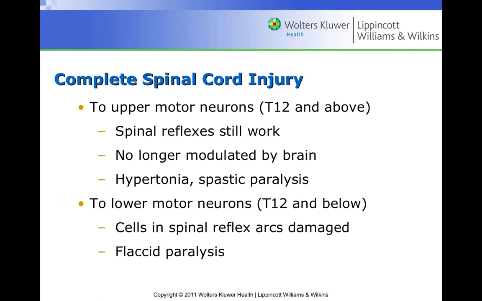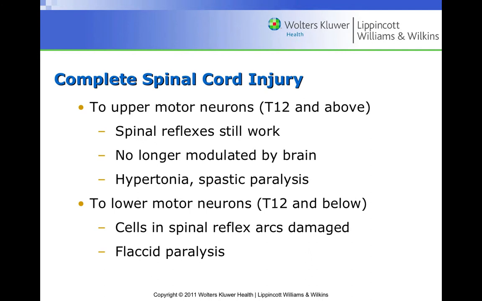It's important that you understand what motor neurons do at the varying levels of the spinal cord. That's probably the most important thing to take away. So if I have damage to T12 and above, my spinal reflexes will still work, but will not be modulated by my brain.